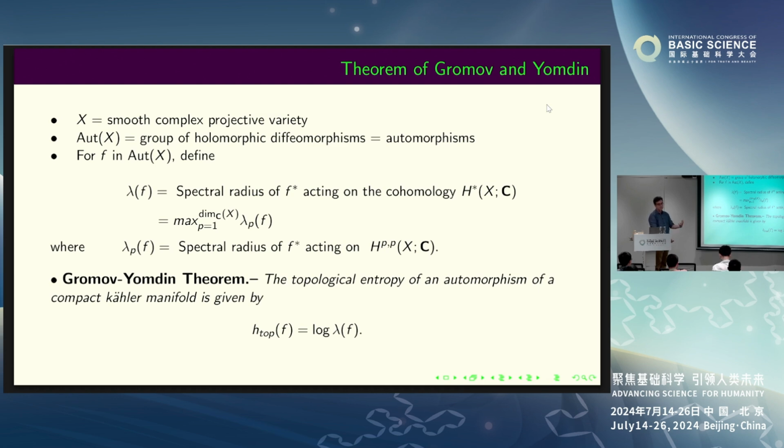It's a smooth complex projective variety, so it's a subset of some complex projective space defined by homogeneous polynomial equations. And I will look at holomorphic diffeomorphisms, which in this context are called automorphisms, because all of them, in fact, are defined by algebraic formulas.